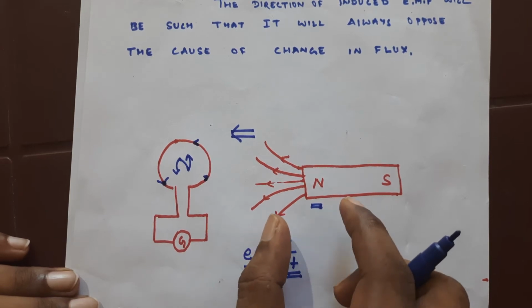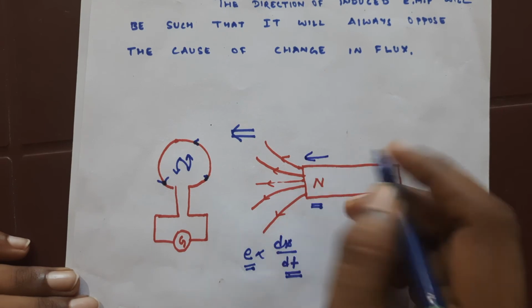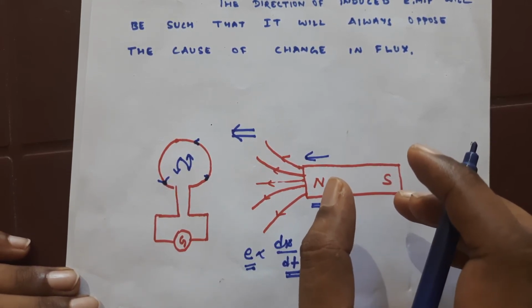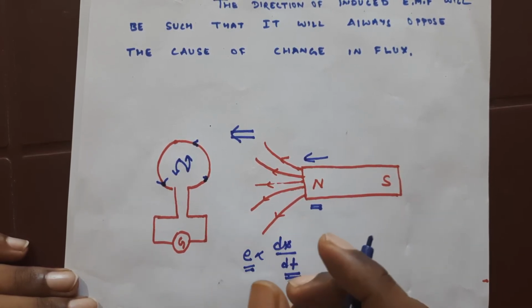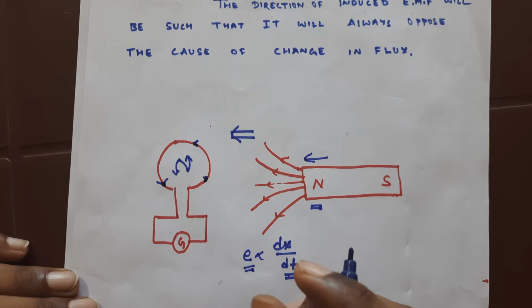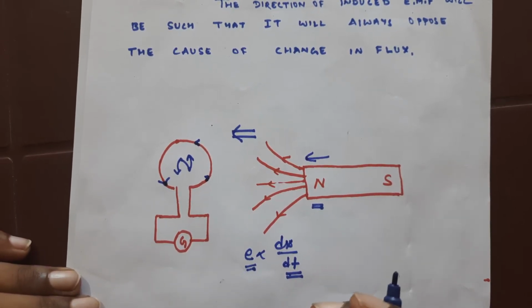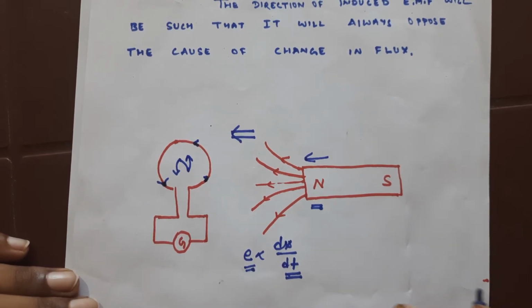So we will find that without giving any extra energy, or without doing any extra work, the change in flux is continuously increasing, the rate of change of flux is continuously increasing. That gives the current without doing the equivalent amount of work.